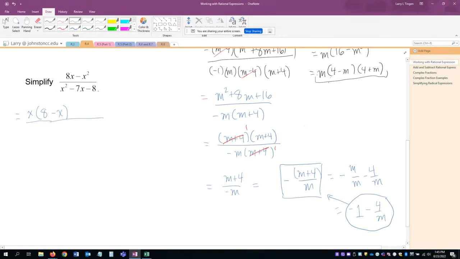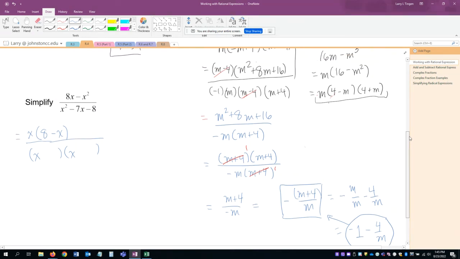What about the denominator? x squared minus 7x minus 8, multiplied to negative 8, add to negative 7. Yes, Emma, I did. So Emma asked, did I factor the negative 1 out of just the negative m plus 4? That's exactly right. All right. 8 and 1. Yep. 8 and 1.